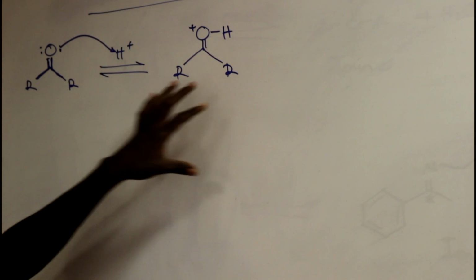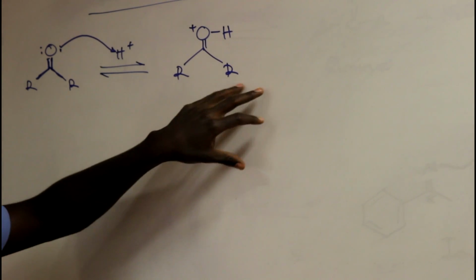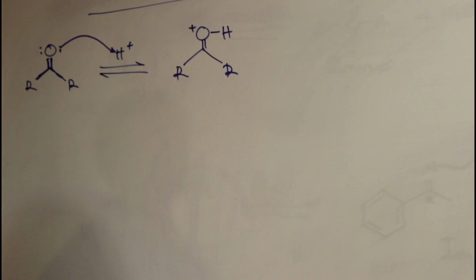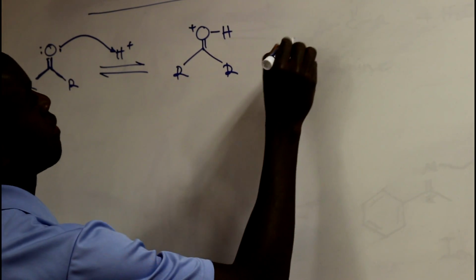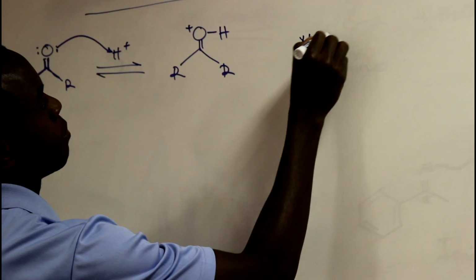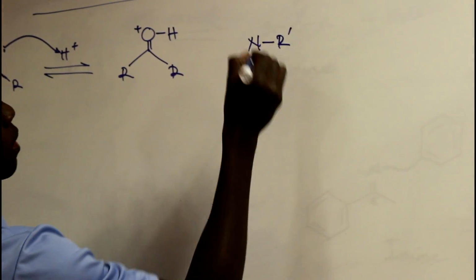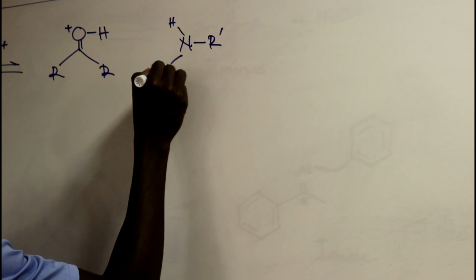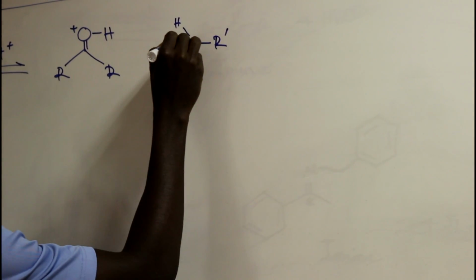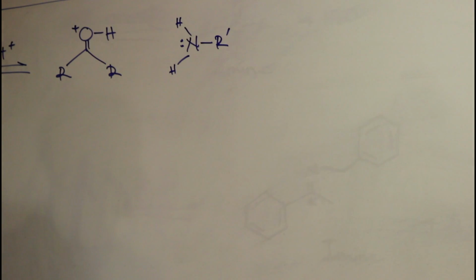Once the proton has been attacked, next we react with the primary amine, the nitrogen bonded to the R prime group. We have the two hydrogens, but we also have lone pairs on the nitrogen.